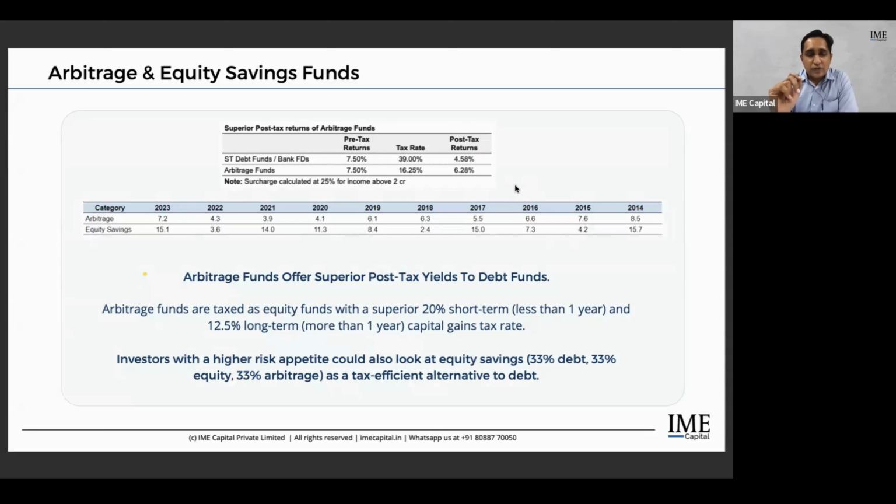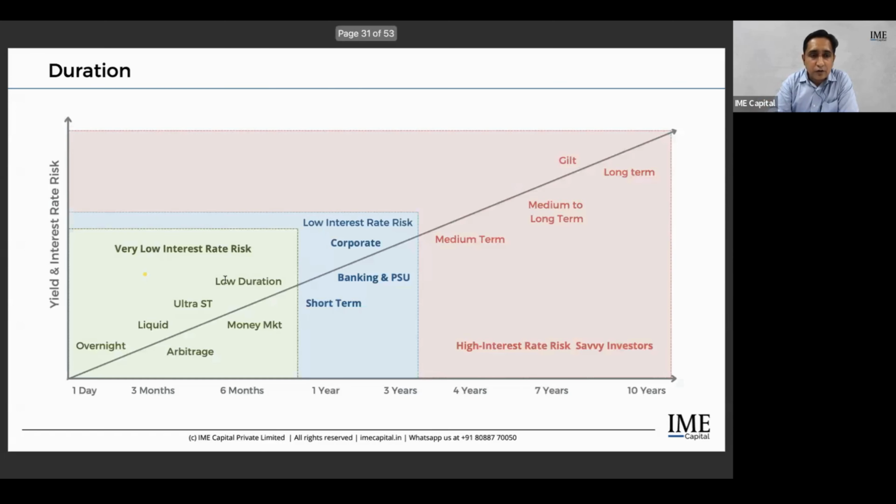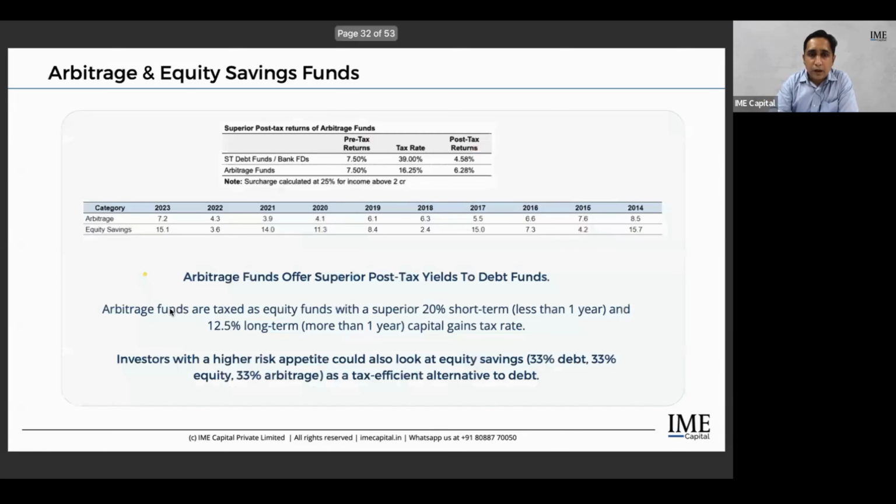Now, arbitrage is basically a fund category very, very similar in risk and return to these very low risk debt fund categories. However, they actually benefit from much superior equity-type taxation.